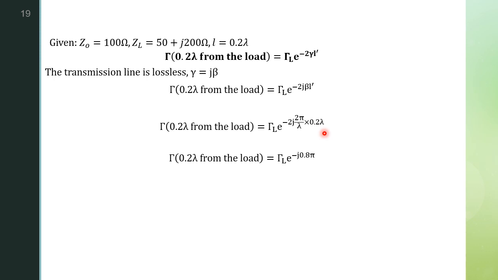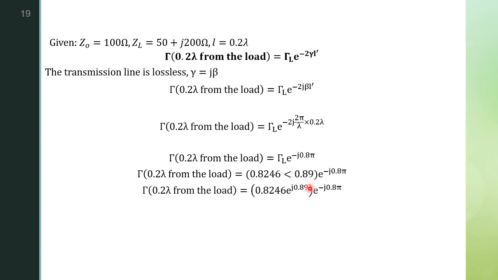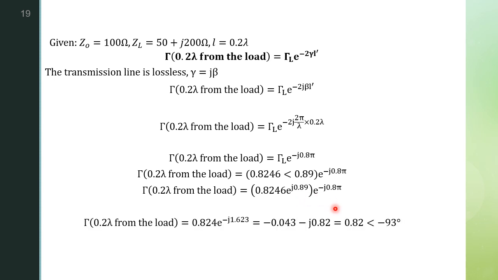You should substitute the value of gamma L such that the phase is in radians, so it is 0.89 radians. So it is e raised to j0.89 into e raised to minus j0.8 pi. We'll get the value as 0.824 e raised to minus j1.623.